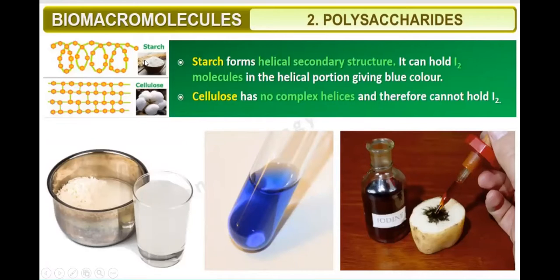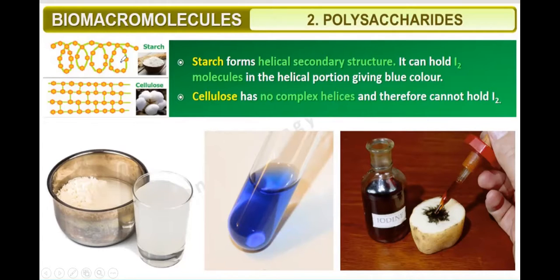Now, starch. Starch is also a polysaccharide. Starch forms a helical secondary structure. It can hold iodine molecules in the helical portion, giving blue color.